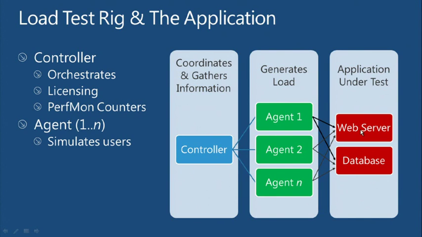So your application under test might be your web server plus an application server. Maybe you've got a document server, SharePoint, database server, whatever you've got. You're going to hook up perfmon counters, and the controller is going to grab those perfmon counters off of all of those relevant machines. Okay?